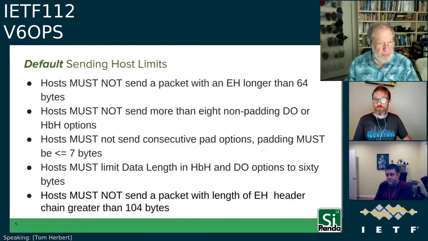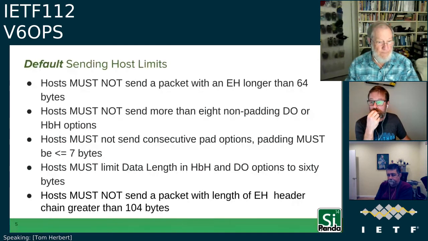By default, we mean a host that's sending extension headers, unless it knows that it can exceed these limits, these are what it's limited to send. And I'll get back in a minute to how we might have a priori knowledge of what we can send into the internet.